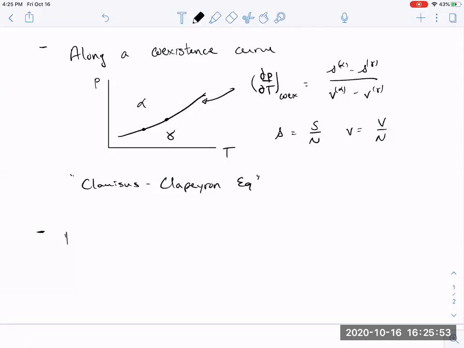Finally, provided an equation of state, we can use thermodynamics to establish where coexistence might occur.